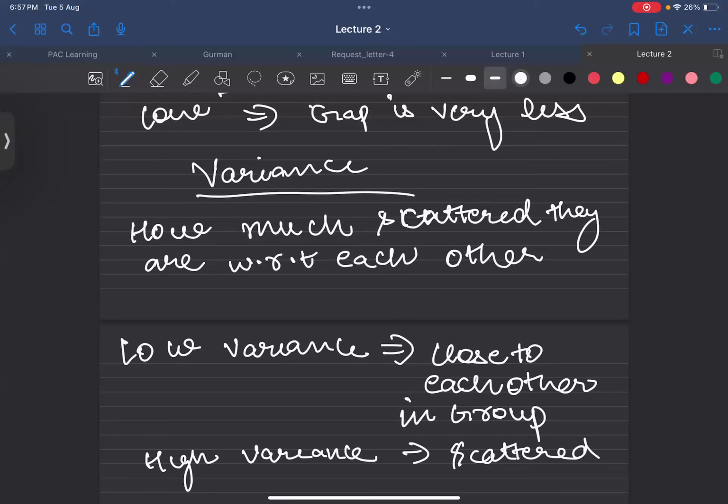What is bias? Bias is the difference between actual and target. And variance is how close or how far these points are, with no relation to the target, just with each other. How scattered they are.